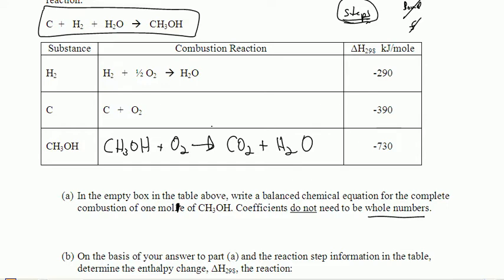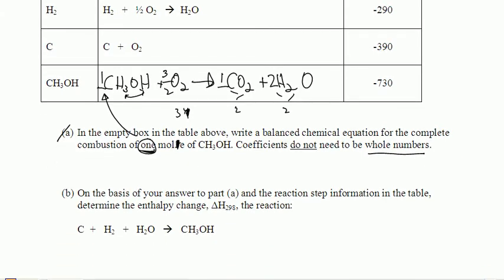Going to balance that. 1 here. We do have 4 hydrogens here, allowing us to put a 2 there. 2 O's, 2 O's. We need 4 O's here. We already have 1, so we only need 3, so 3/2. Your instincts are going to tell you to multiply everything by 2, but they want to know the combustion of 1 mole. So we're going to leave it as 1. Cool. Problem A done with.